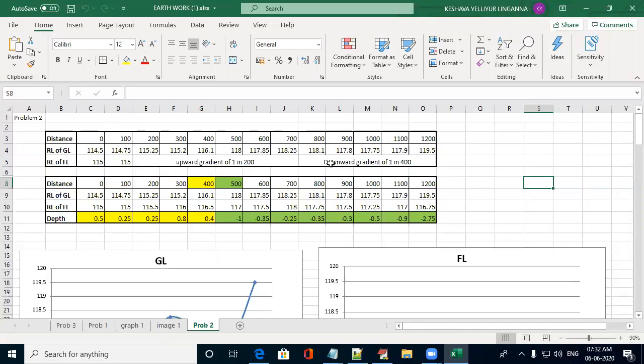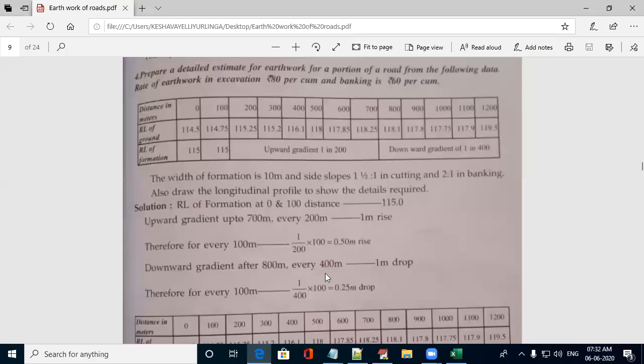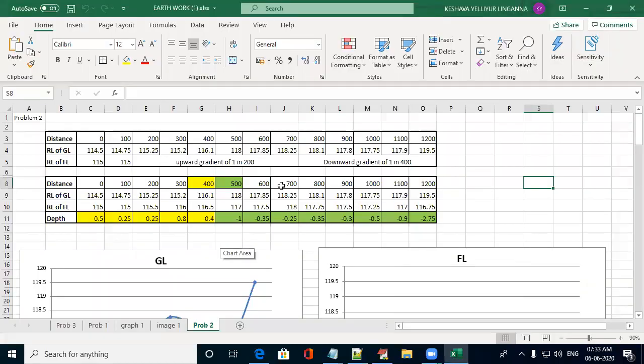Then there is a downward gradient of 1 in 400. That means there is a drop of 1 meter at every 400 meter. So 100 by 400, that will give you 0.25 meter drop. Here there should be a decrease between the consecutive values from 700. The decrease should be 0.25. I have worked out here.